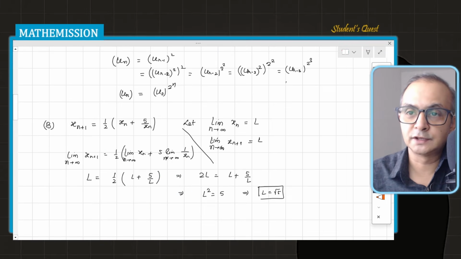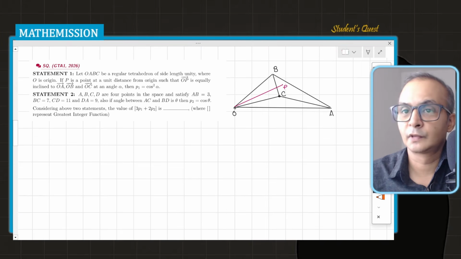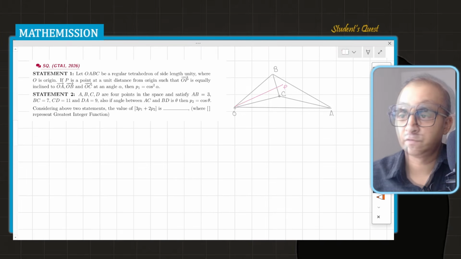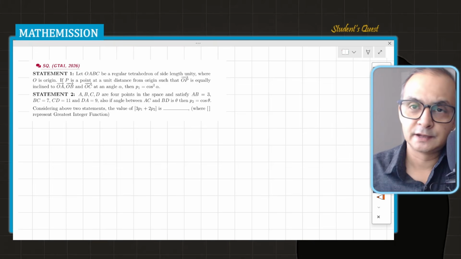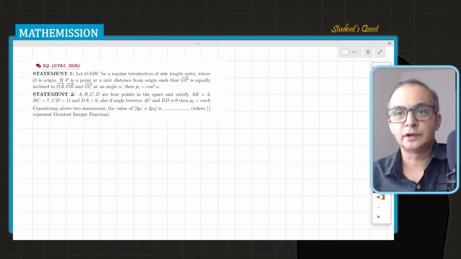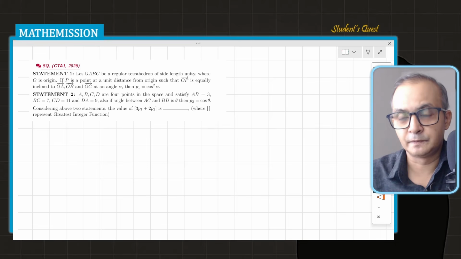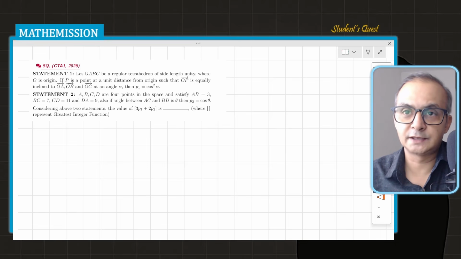Now we go to the second question. We have given two statements. Statement 1 tells that let OABC be a regular tetrahedron of side length unity, where O is the origin. If P is a point at a unit distance from origin, such that OP is equally inclined to OA, OB and OC at an angle alpha, then P1 is equal to cos square alpha.